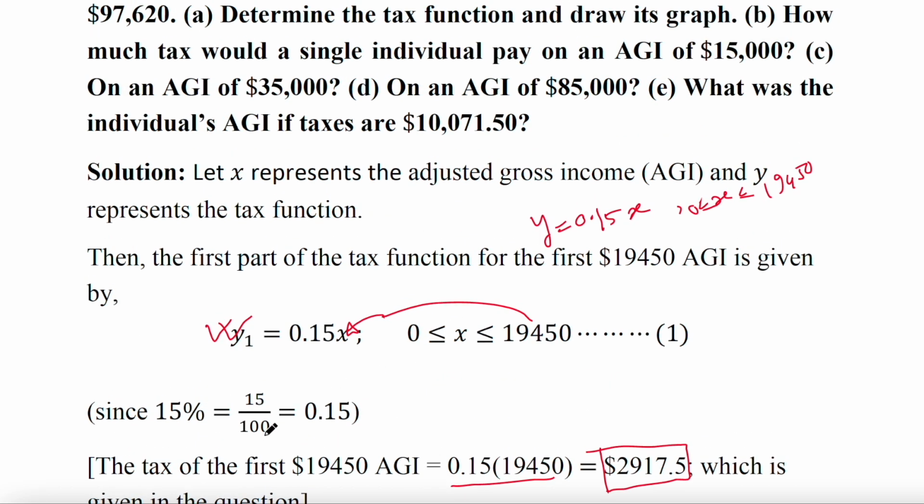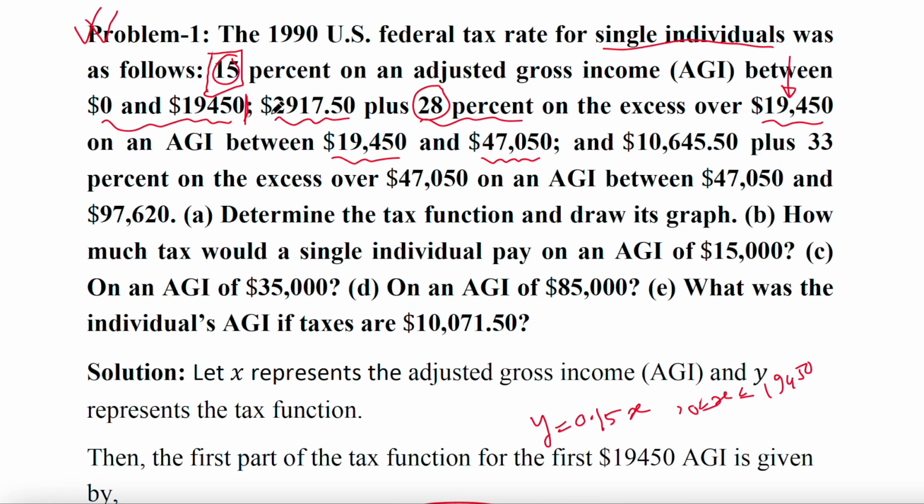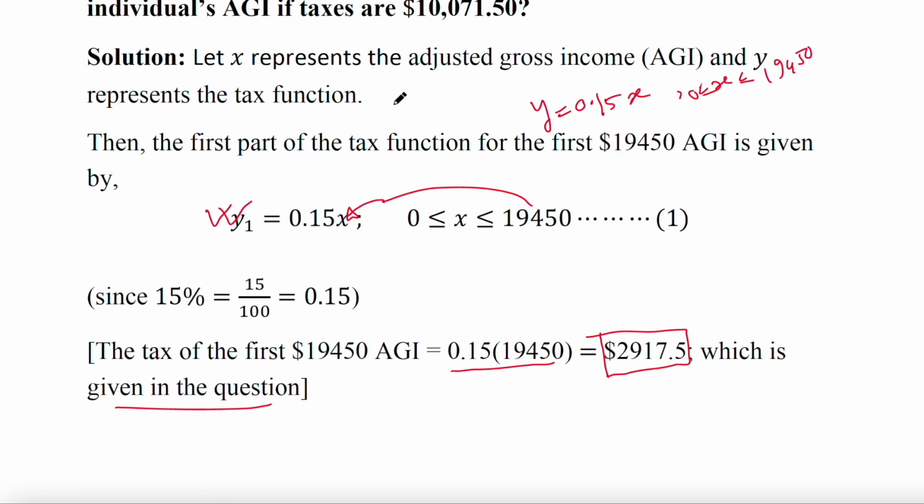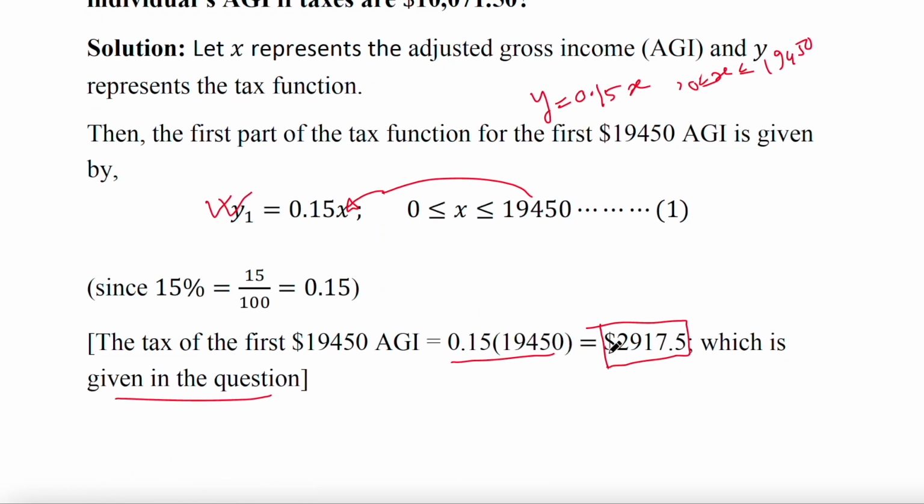So in that case you don't need to calculate this amount since it is given in your question. But if this amount is not given in your question, in that case you need to calculate this amount by putting 19,450 here in this equation.